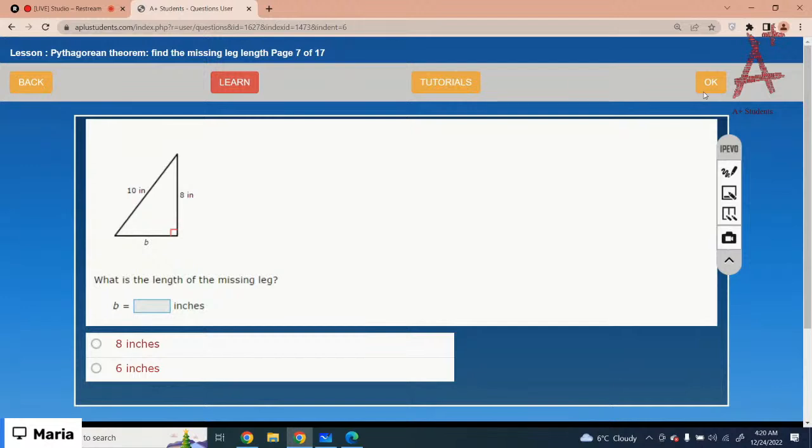Got it? So just select the correct option and click on the OK button.